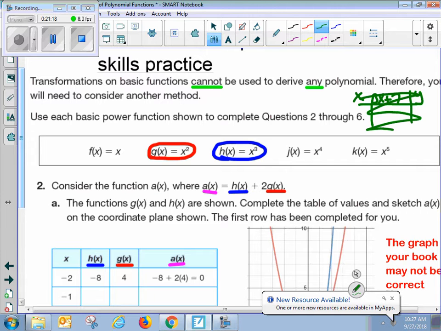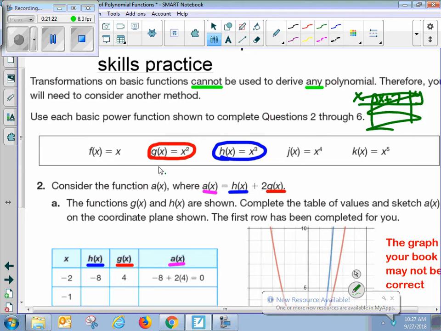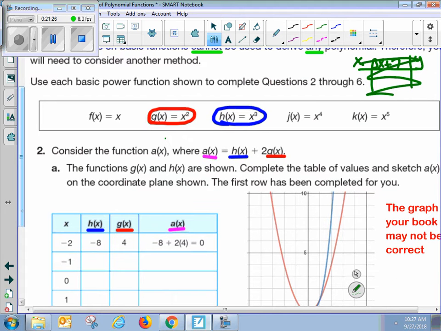Okay? Now, I need to use the key they give us. So watch with me, please, so you get it, because it's not hard at all. It's just a substitution. They're telling me that my new equation is a of x equals h of x. So I go up to the top, circled in blue. What does it say h of x is?